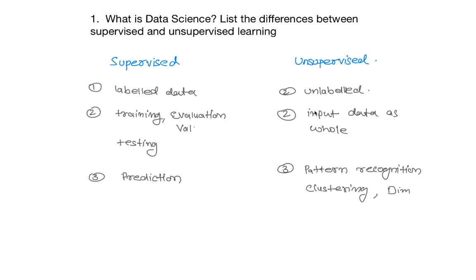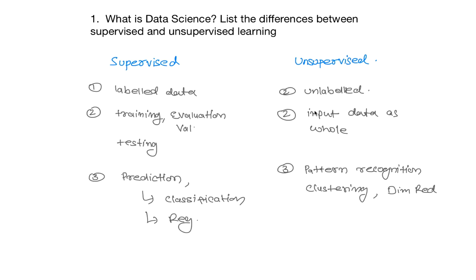And supervised machine learning, apart from prediction, is used for classification and regression as well. So this is the answer for the first question.